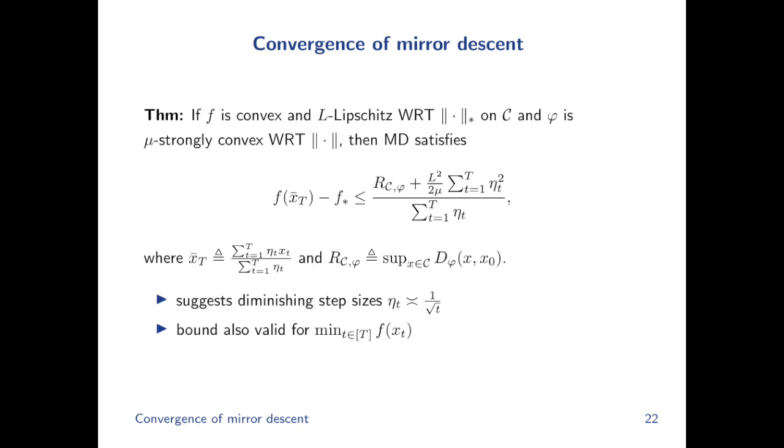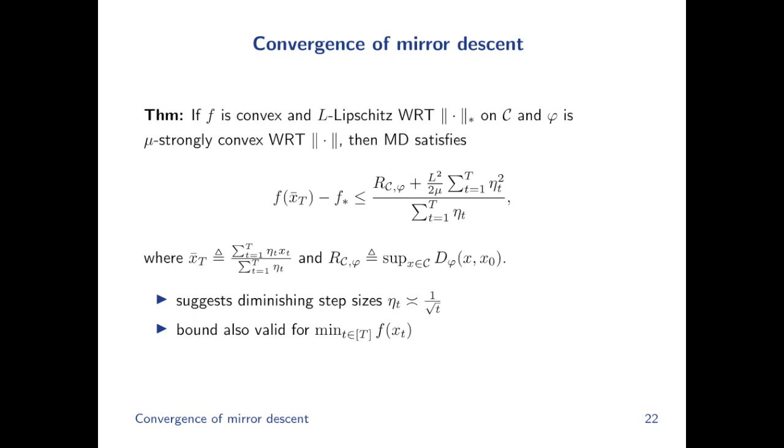The reason is that you want to make the sequence of step sizes as big as possible, but at the same time, you don't want the numerator, which is the sum of the squared step sizes, to blow up. So the easiest way is to make the step size as big as possible without it blowing up. Right on the boundary is this 1 over root t sequence of step sizes, because the sum of squares is log t. It goes slower than any polynomial, so it's just barely blowing up.